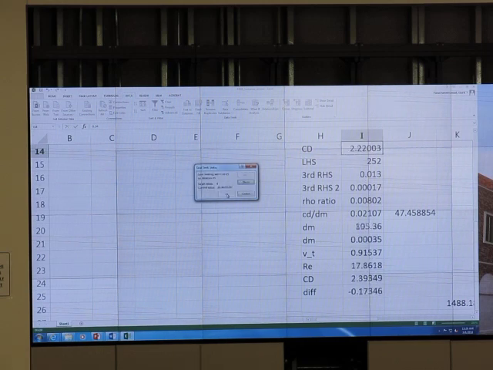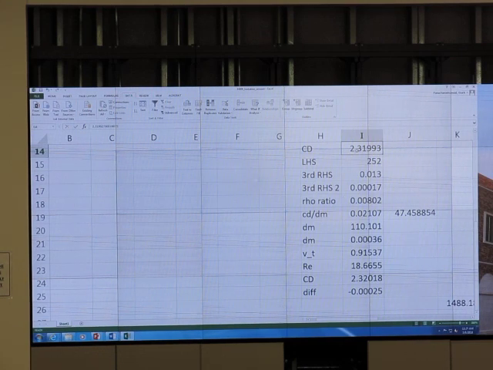Click it. It does some trick, and then I have input C_D equal to output C_D. Very close. The difference is almost 0. So this means my droplet size diameter is correct, 110 or something. So if I use 36 inch by 10 feet, it can remove 110.